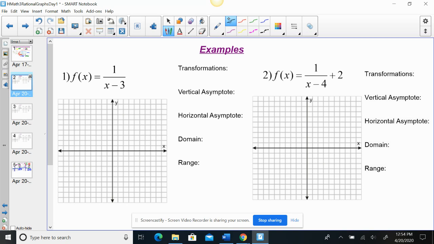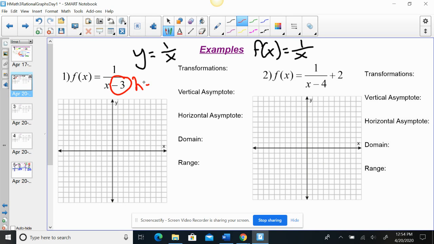If my parent function is y equals 1 over x, or f of x equals 1 over x, then anything different than this would cause a transformation. So here I see this -3 in here. It is inside, so I'm thinking opposite.